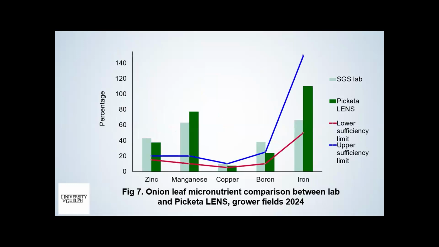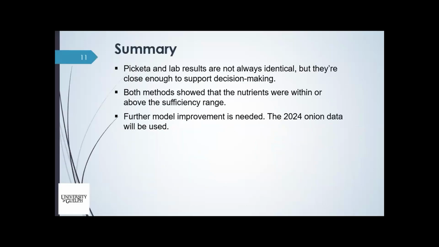The same trend continued with the micronutrients from the grower fields. So in summary of what we did with this device, we can say that the lab result and the Piquetor results are not always identical, but they are close enough to support any decision making that you're going to take.